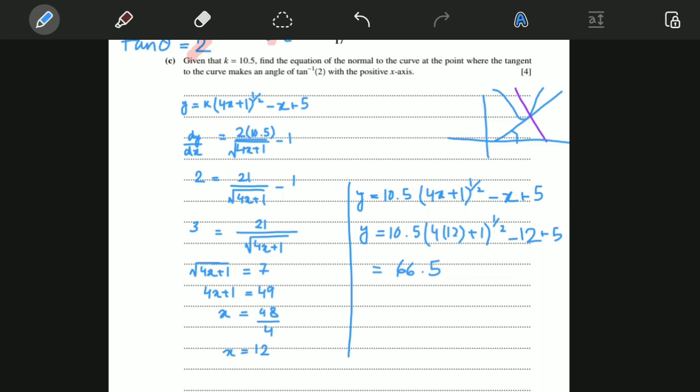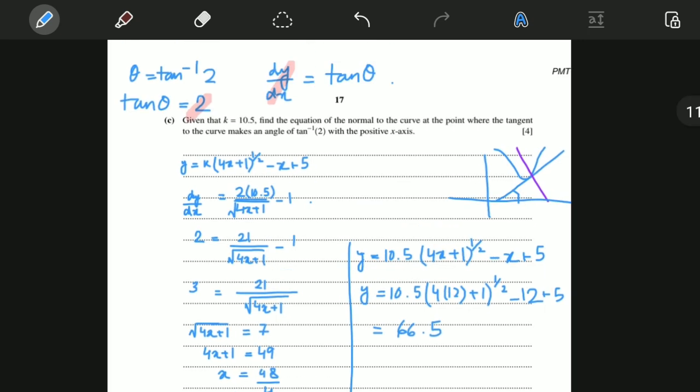But what is this gradient dy by dx that we just found? This one that we said dy by dx equals 2. This is the gradient of the tangent, because this tangent was at an angle and this was the gradient of the tangent. If we have the gradient of the tangent as 2, which we write over here, so the gradient of normal would be minus 1 by 2, because it is going to be the negative reciprocal.